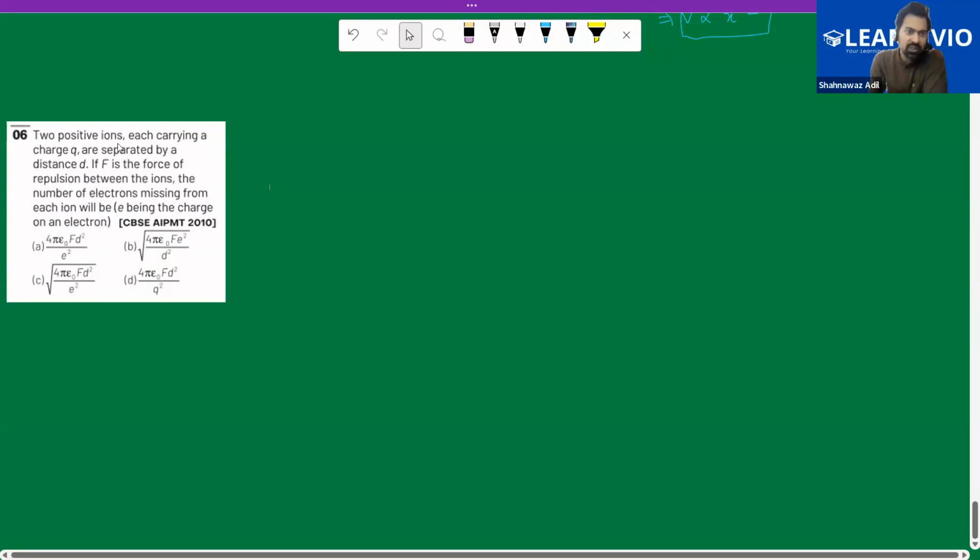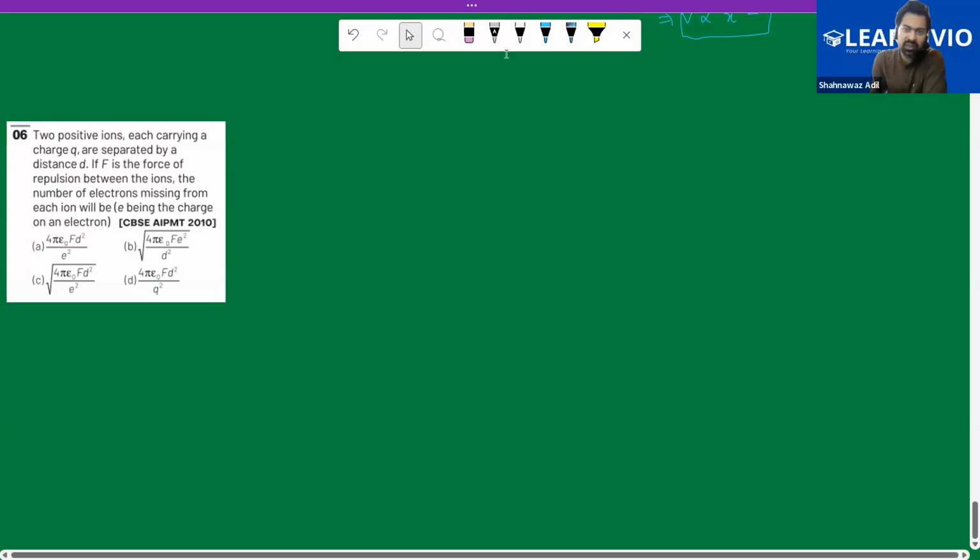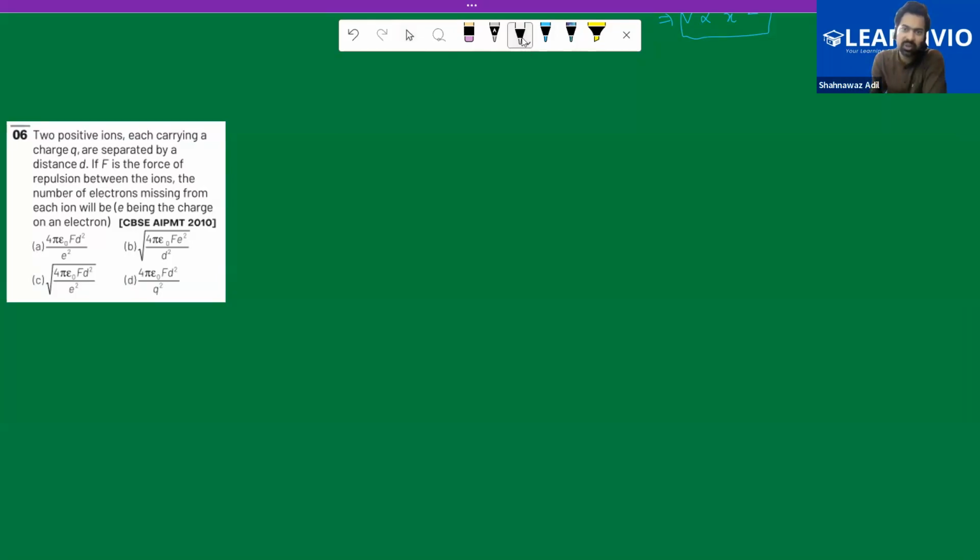So we have two positive ions, each carrying a charge q, separated by a distance d. If F is the force of repulsion between the ions, the number of electrons missing from each ion will be... Right. So again, this is a very simple question based on Coulomb's law, and we have to find out what is the number of electrons missing from each ion.